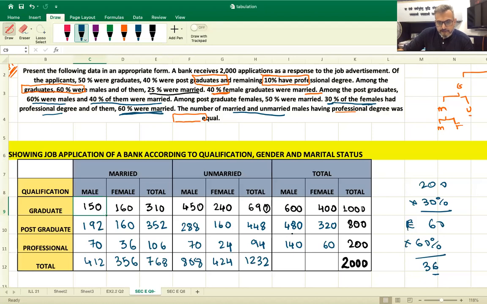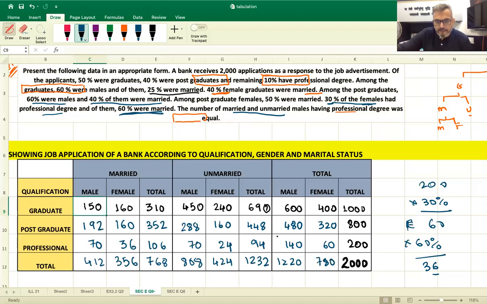Then 600 plus 480, 1080, plus 140, 1220. And over here 780.